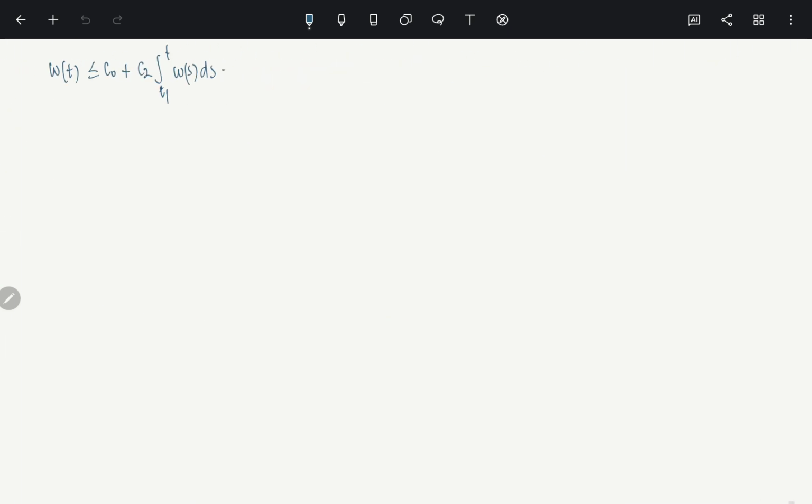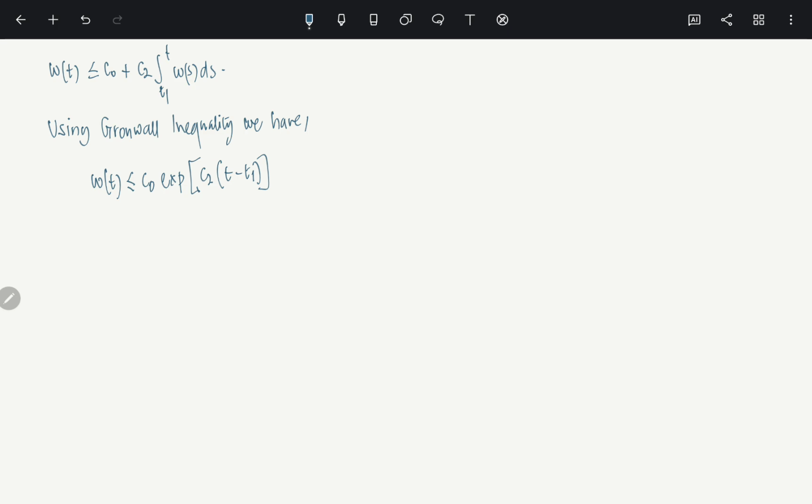Now, of course, again using Gronwall's inequality. As I told you, Gronwall is very, very important. This is one of the reasons we have w of t dominated by C naught times exponential C2 times t minus t1.